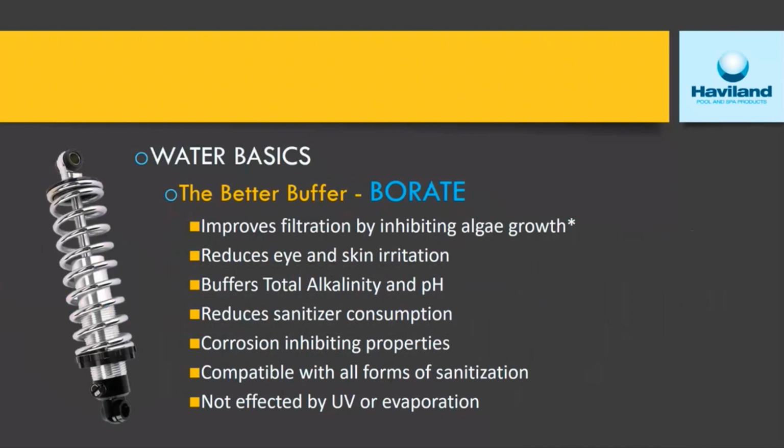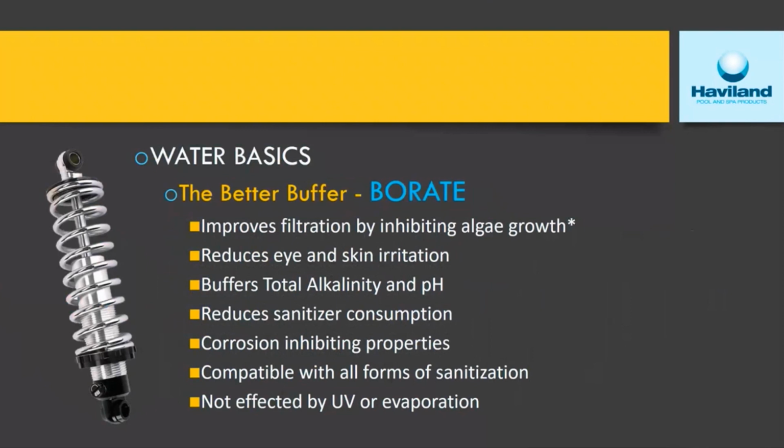Now, borate not only helps with stabilizing the pH and maintaining that water balance, but it's got corrosion and scale inhibiting properties to it. You can use it with any form of sanitizer. Doesn't matter what you're using: salt chlorine generator, chlorine tablets, liquid, even polymeric guanides.